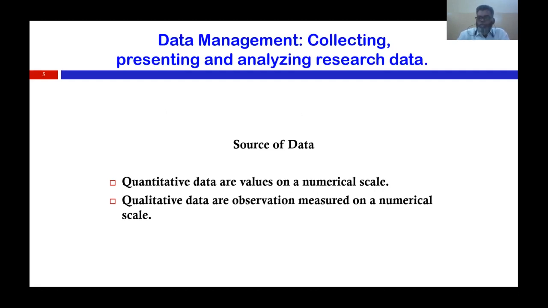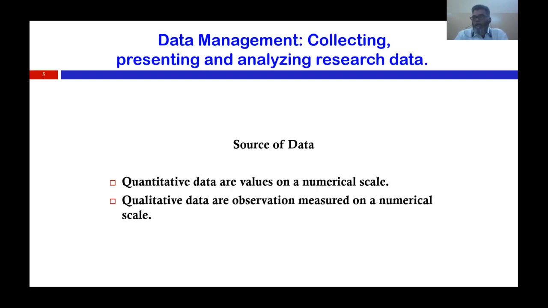Then comes data management: collecting, presenting, and analyzing research data. So what are the sources of data we have? We have quantitative data, that means numerical in nature. We have qualitative data, that is the observation not measured on a numerical scale.